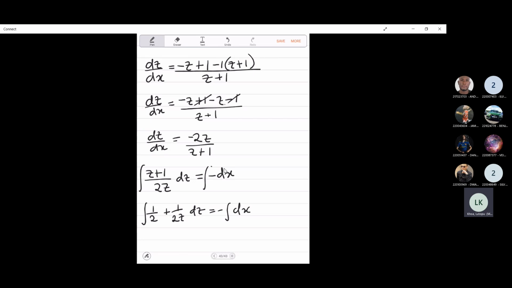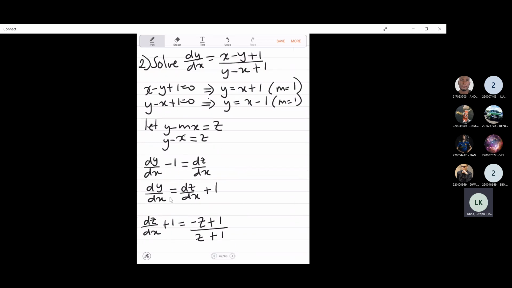So the integral of half is z over 2, and this is a half ln of z, and this is minus x plus our constant of integration. And then we replace z because there was no z in the original equation.